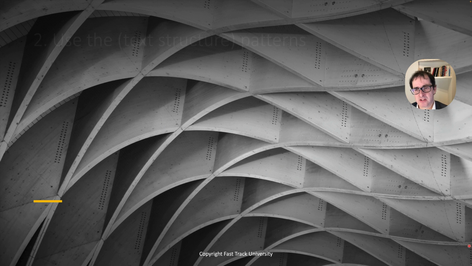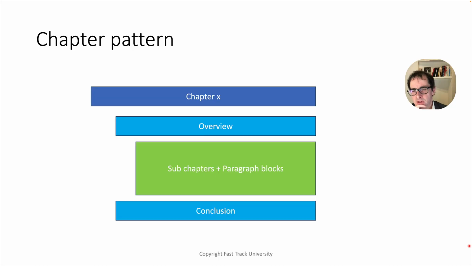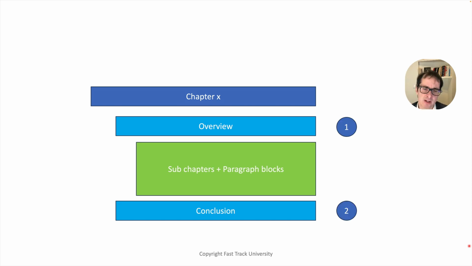The next step is using the text structure patterns, and I'll give an example of how that works. If you look at these university level textbooks, for example here chapter X, the first part is the overview of what you will see in that chapter, with the conclusion at the end. So instead of reading it linearly, you first read the overview part.